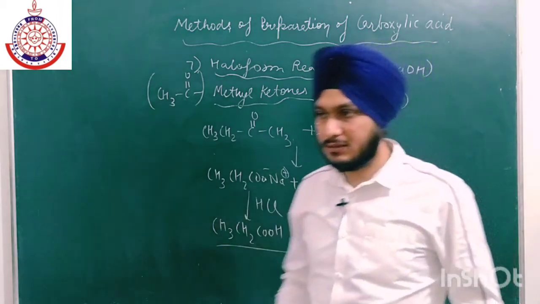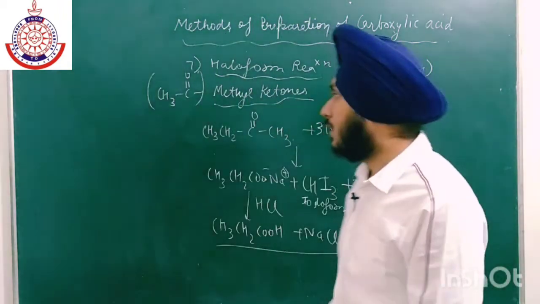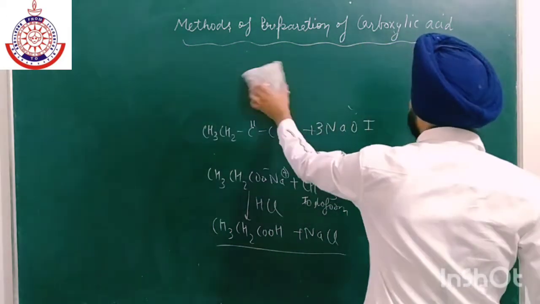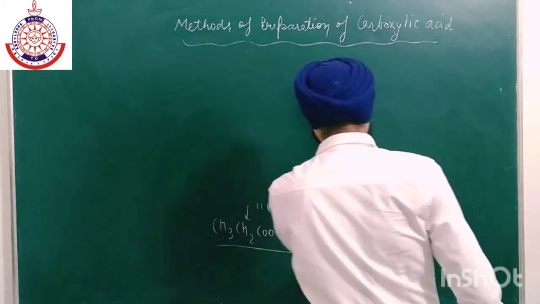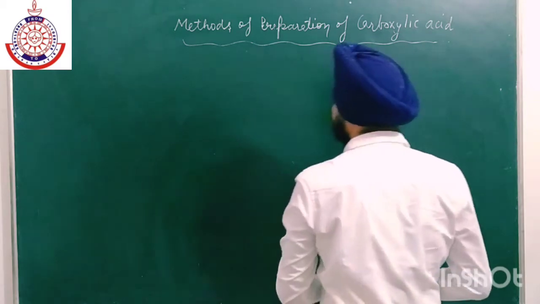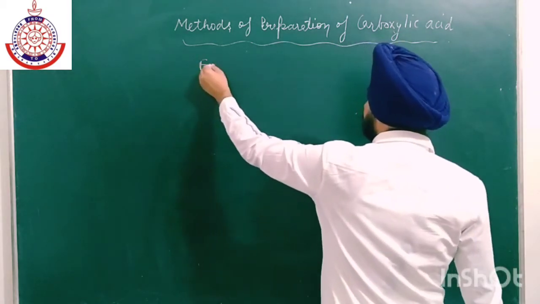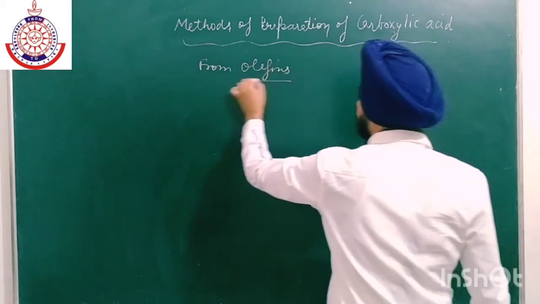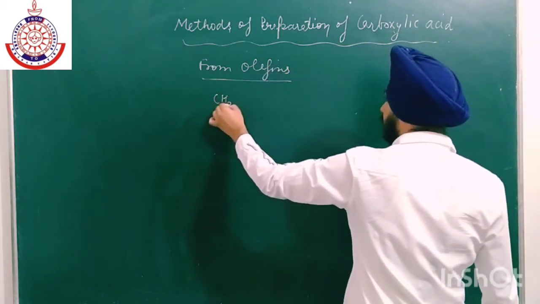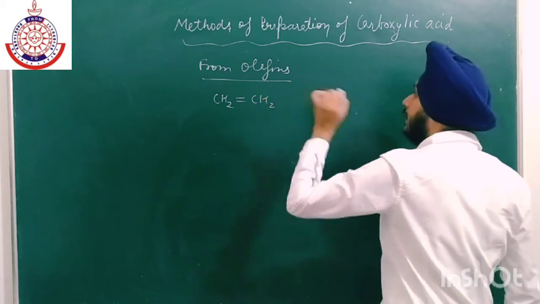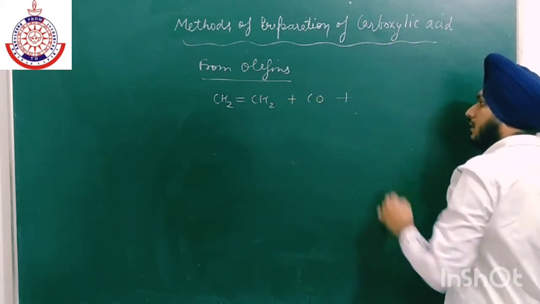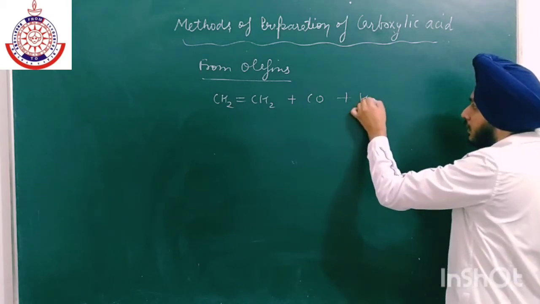Now the last method is not so important, but we have to discuss this one also. This is known as the Koch reaction, and the reaction is from olefins. Olefins means alkenes. Here I have taken any alkene, for example ethene, reacted with carbon monoxide plus water.